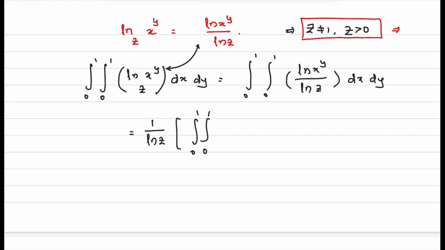We are only calculating the integral now. Whenever any double integral problem comes like this, the integral with respect to dx, x will be separated from the integral with respect to y.